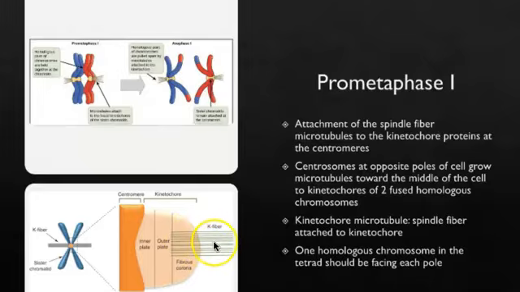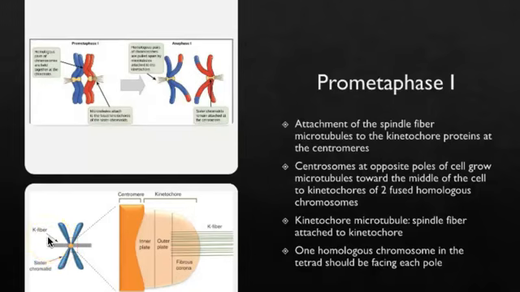We need to understand here that the microtubules from one pole attach to one chromosome in the tetrad, while microtubules from the opposite pole attach to the other homolog. So we can see that they're coming in from opposite sides.